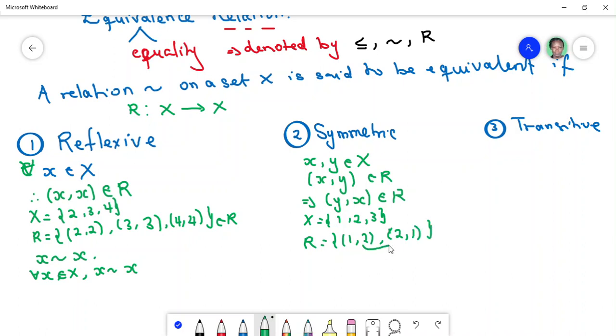So this is what we mean. My x, y is in R, and y, x also is in R.